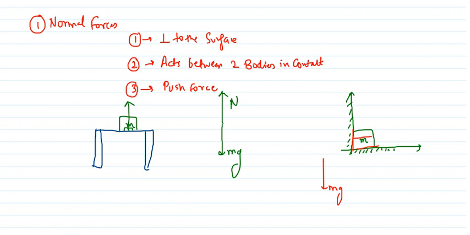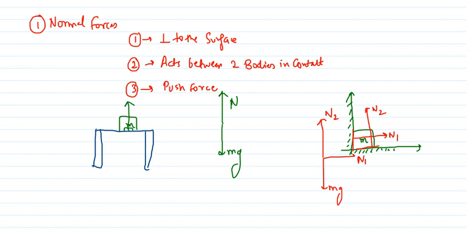So this wall will apply a normal force in this direction, and another normal force will be in the upward direction. So one normal force will be in this direction, another in this direction, and mg will also act. This is how we'll draw a free body diagram with normal force and gravitational force.